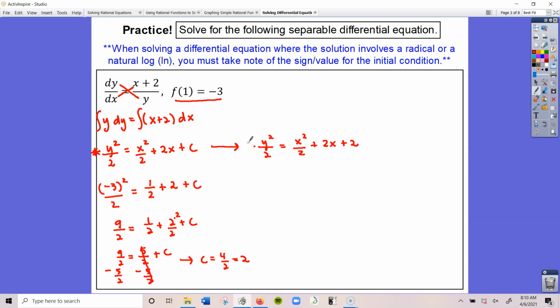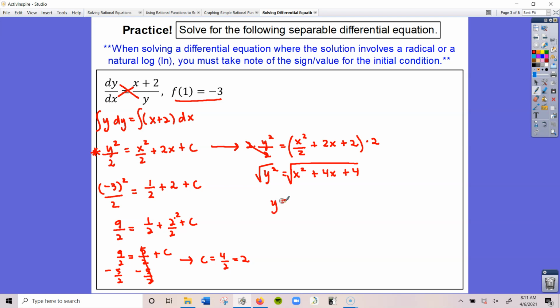So I'm going to multiply 2 to both sides, meaning I have to multiply the entire right side by 2. So y squared is going to equal x squared plus 4x plus 4. And then we square root.